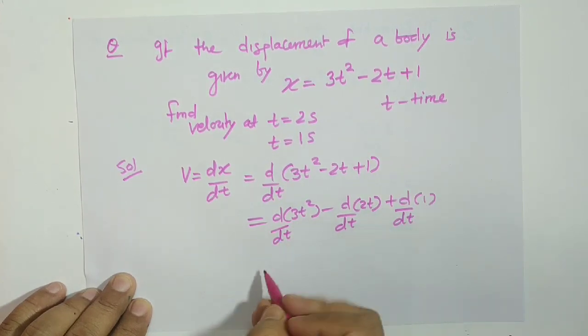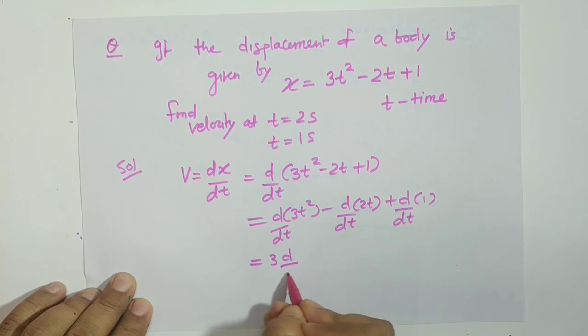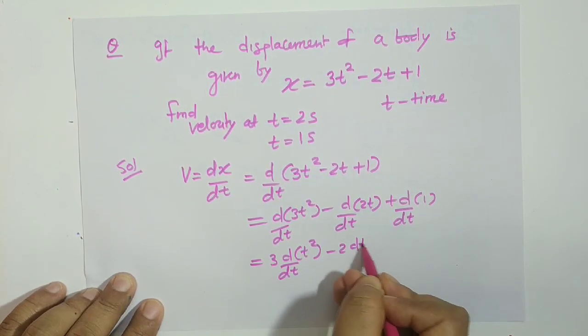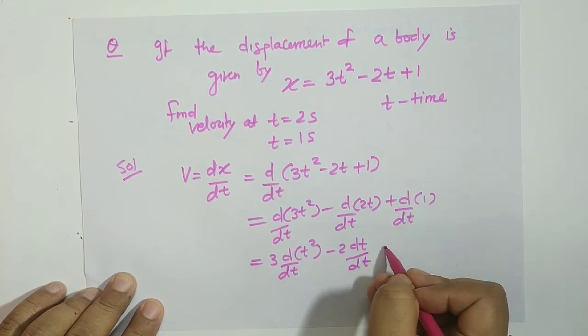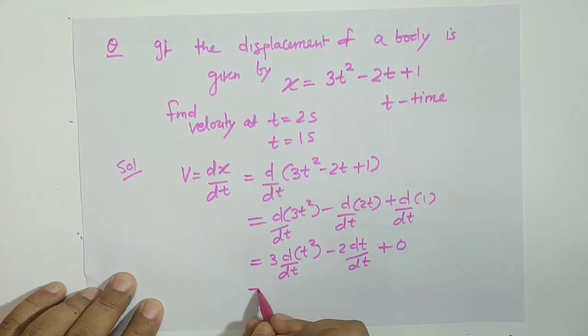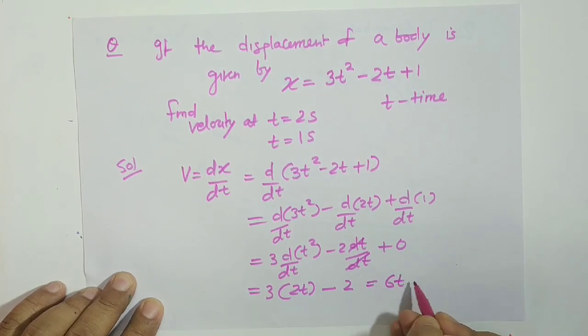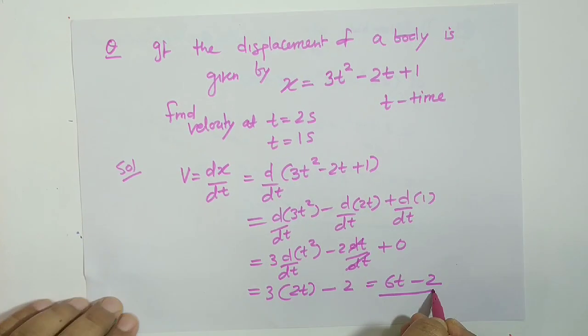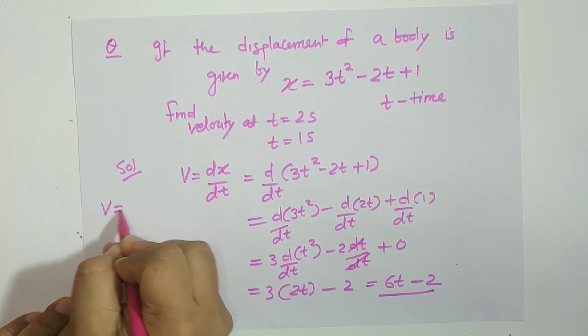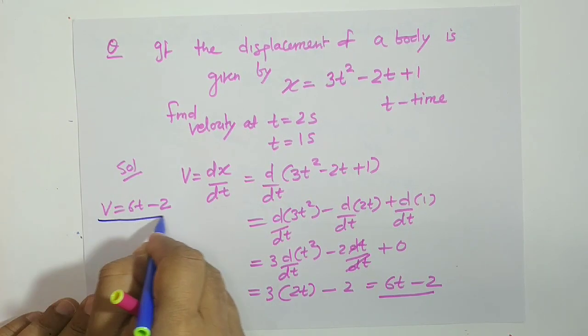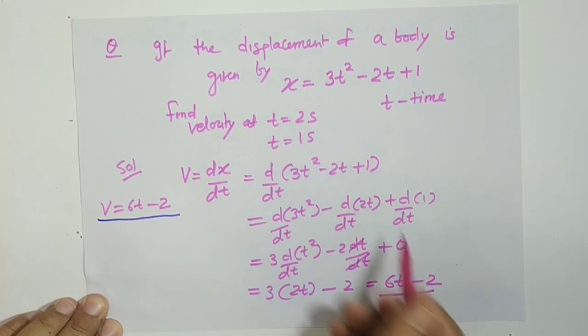So what will happen? 3 will come out, this is dx by dt of t square, 2 will come out, this is dt by dt, and what will be the differentiation of 1? It will be 0. Do you know what will be of t square? n x to the n minus 1, remember, 2t, and here it will be 2. So what is the answer? 6t minus 2. This is velocity. Velocity is 6t minus 2. Now put the values here.